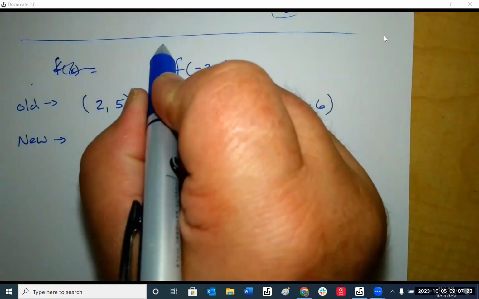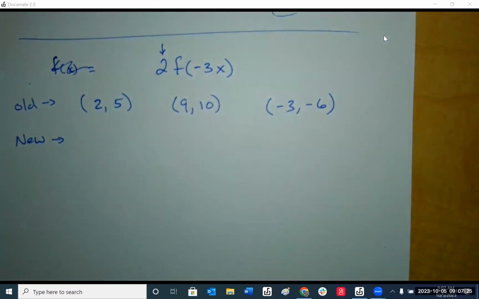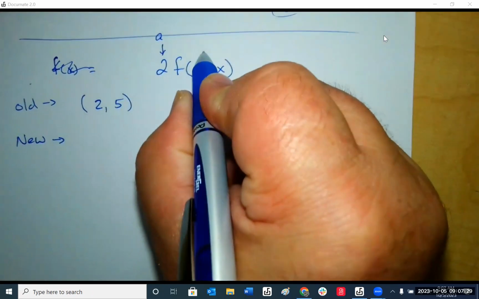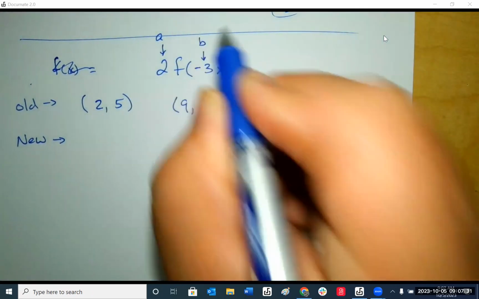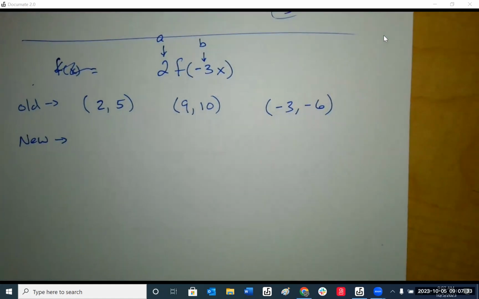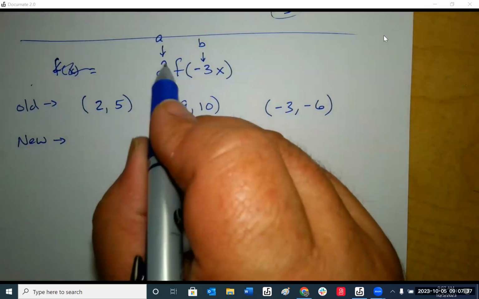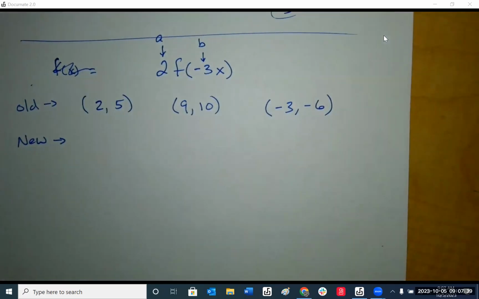What does this one represent? What letter does this one represent? A. And this one? B. What can you tell me about these things? A deals with which value, x or y?